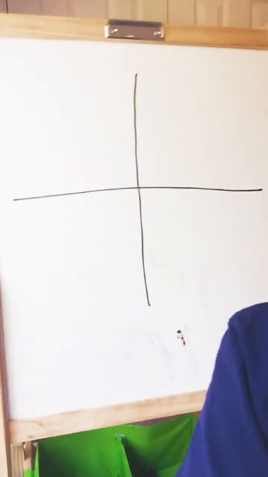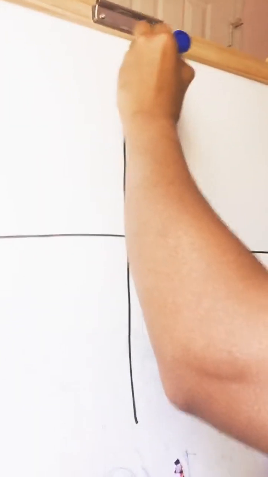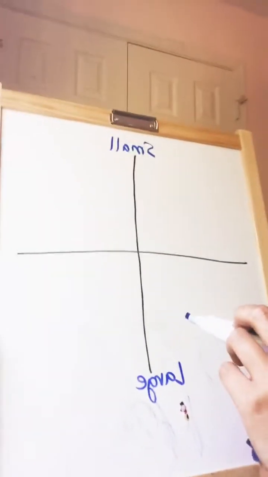Size would be small versus large, so I would write small here and then large here. Here I borrow my daughter's whiteboard, so you're going to have to bear with me. It's quite small.